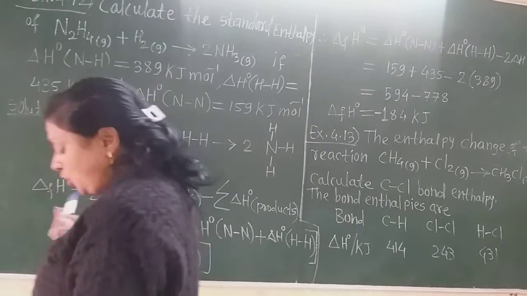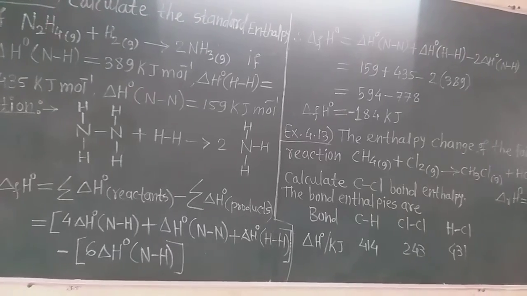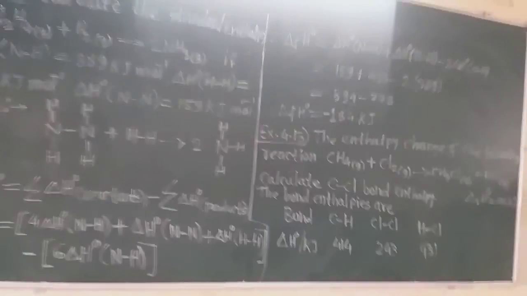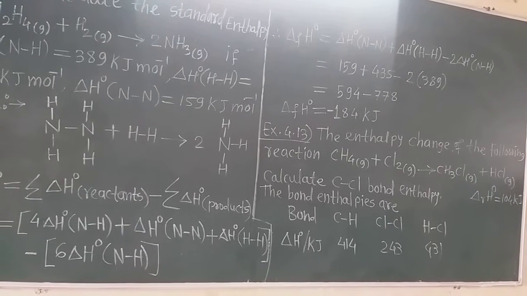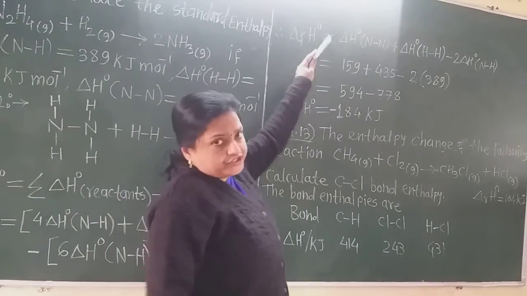Now see, student, on the blackboard this step, next step, how it will be there. Now the next step is delta H0 is equal to this delta H0 of N-N again remains as it is. Delta H0 of H-H also remains as it is, and 4 minus 6 becomes minus 2 delta H0 of N-H. Now this is the simpler step we obtain.